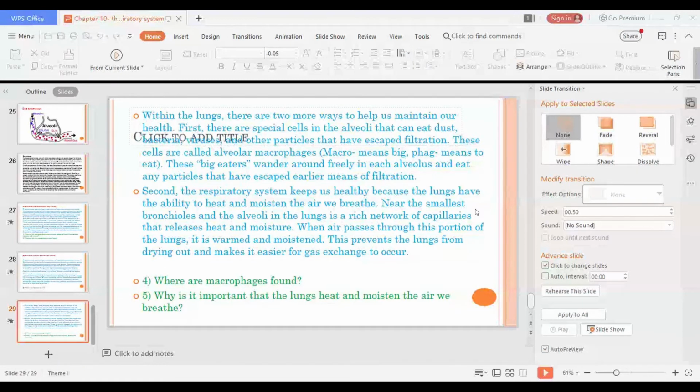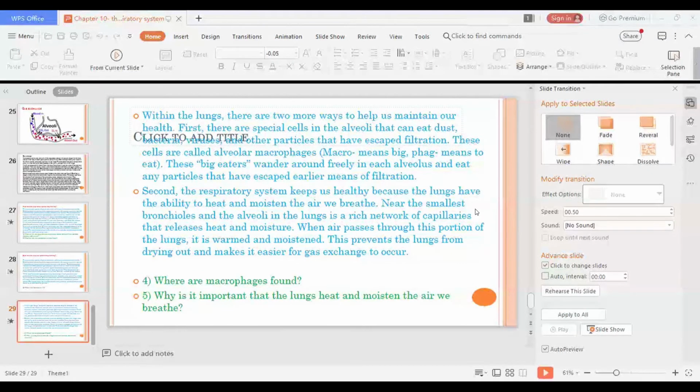Okay, thank you. Now let me show you two questions. Question number 4, where are macrophages found? And number 5, why is it important that the lungs heat and moisten the air we breathe? Okay, so 2 minutes for you to find the answers.